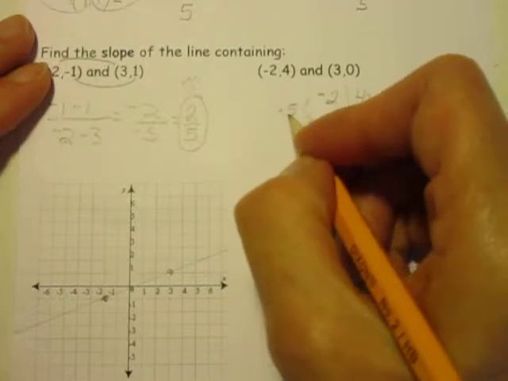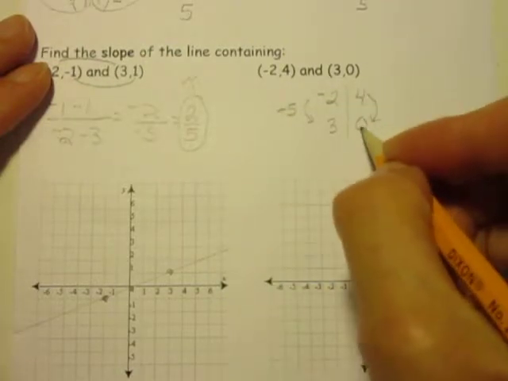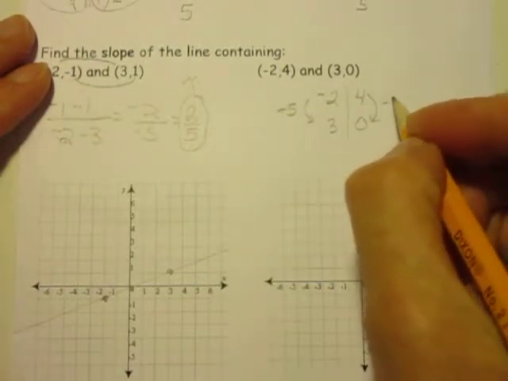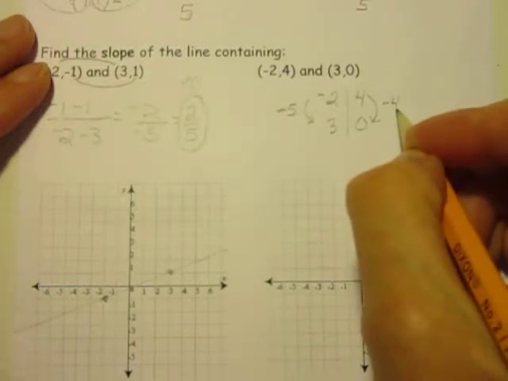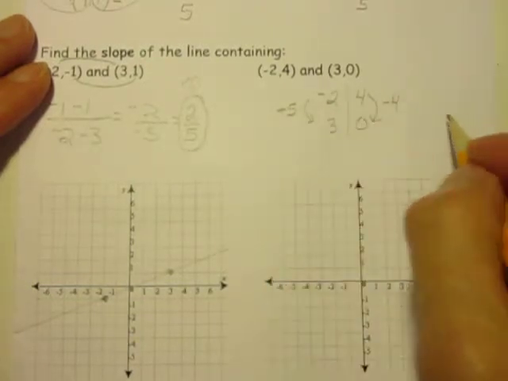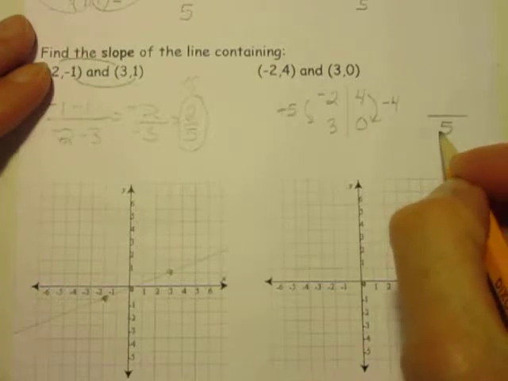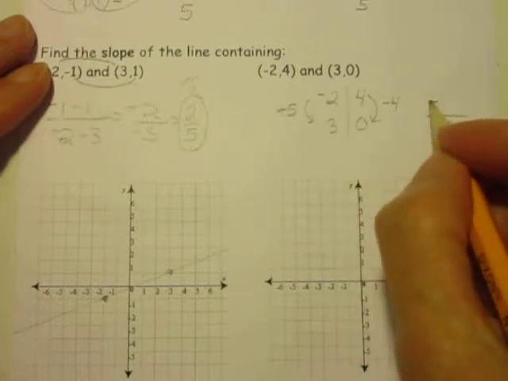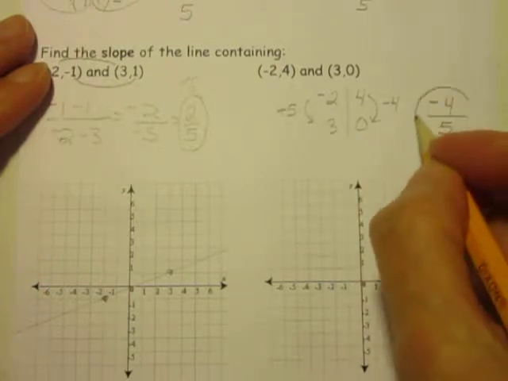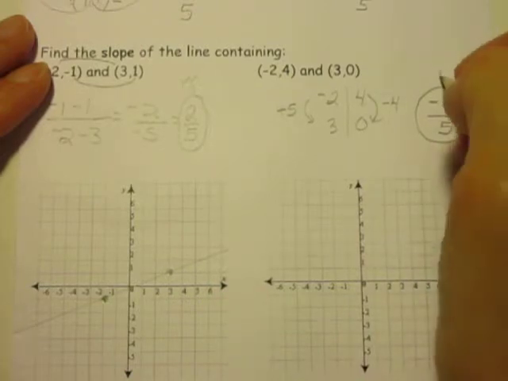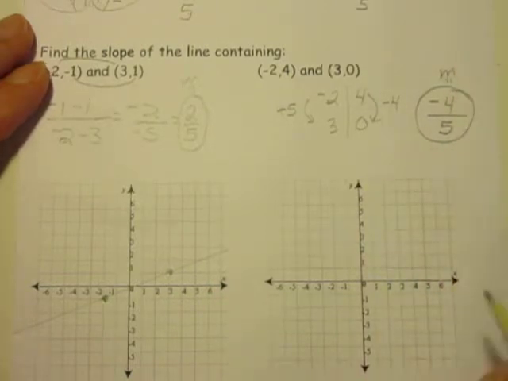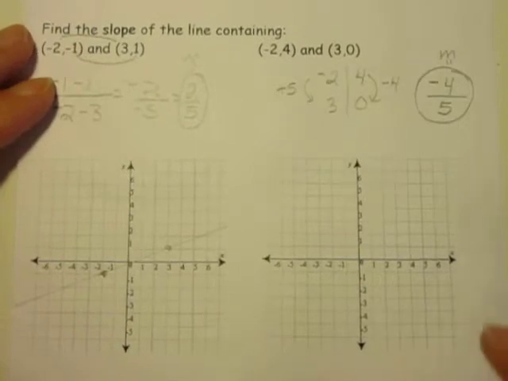Looks like I added 5. And how did I get from 4 to 0? It looks like I subtracted 4. But keep in mind that this is your change in x, so that goes down in the denominator, so that's 5. And this is my change in y, so that goes up here. So this is saying that I have a slope of -4/5.